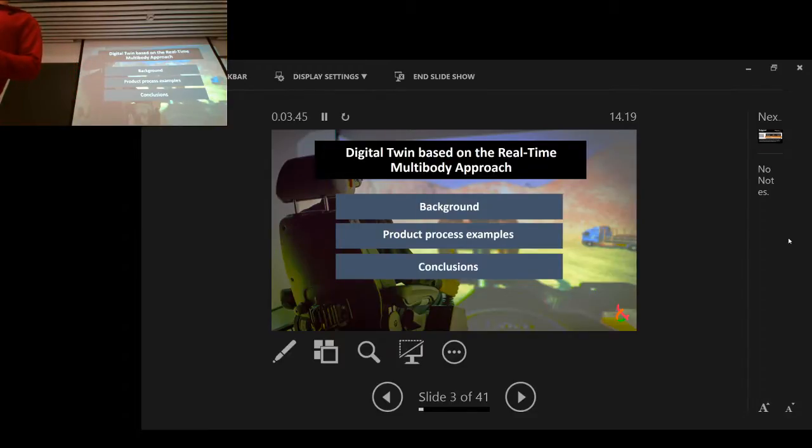Some of them are more like visions, which are maybe possible in the future. Why it's not happening today is mainly related to technical difficulties. But we strongly believe that those technical difficulties can be solved, and sometime in the future we can have digital twin running in a bit different way than they are used at the moment. And then a few conclusions. So only 3 items, and out of the 3 items, only one is good to remember, and that's the middle one, the product processes examples.